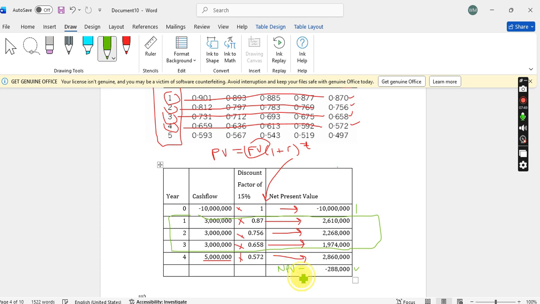So that is our net present value, negative 288,000. So since it is negative, it tells you that this project is a loss. You shouldn't go for this project. Any questions?